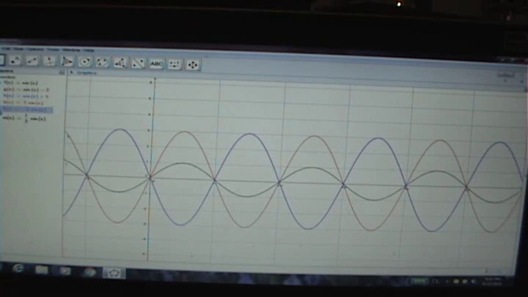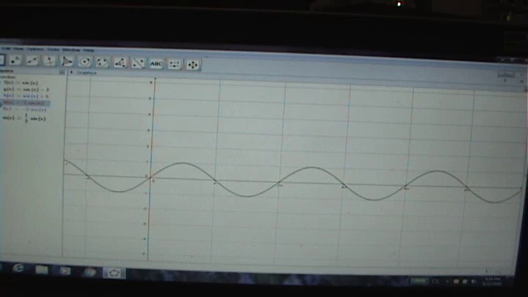And then the last transformation we're going to look at is our function m of x, which is equal to 1/3 times sine x. Now if we multiplied the function by 3 and we had a vertical stretch, multiplying it by a number between 0 and 1 is going to do the opposite. It's going to be a vertical compression.